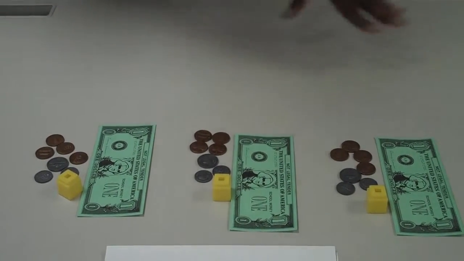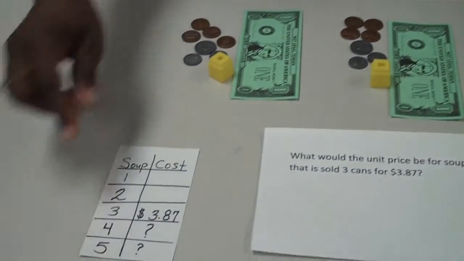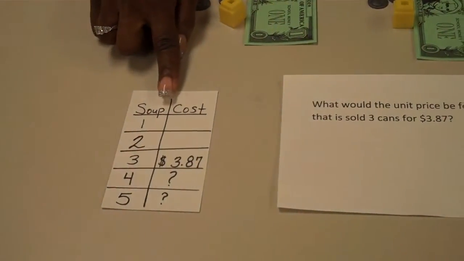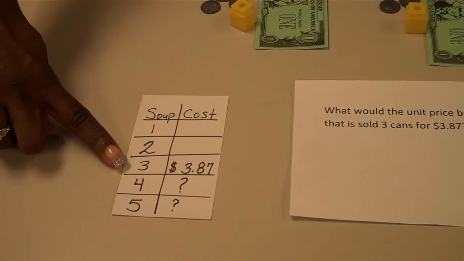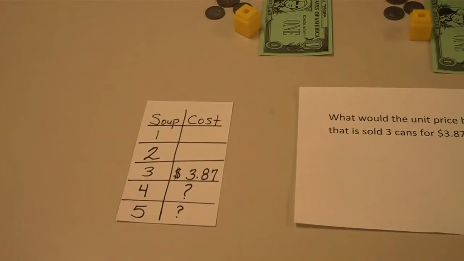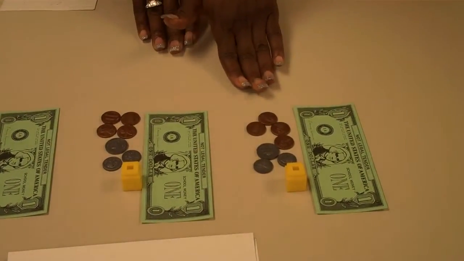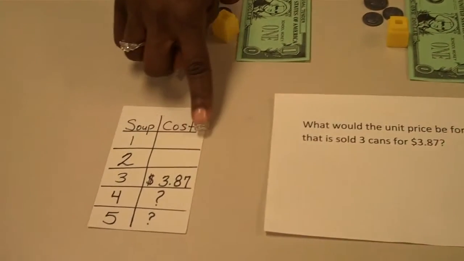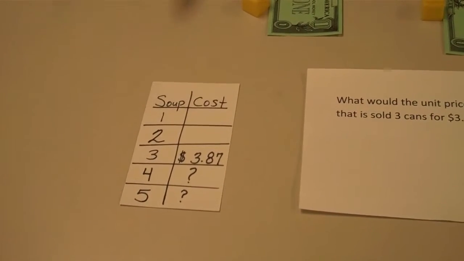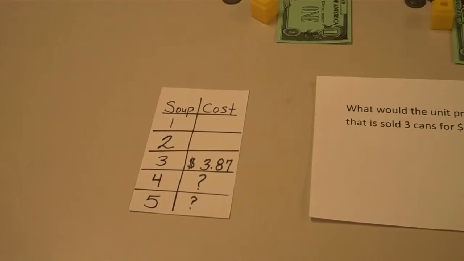I've made a table here so that we can take a look at our given information. In this table, we see that 3 cans of soup cost $3.87. We also know from our model that 1 can of soup is $1.29. So we should be able to fill in this table right here. How could we find the cost of 2 cans of soup?